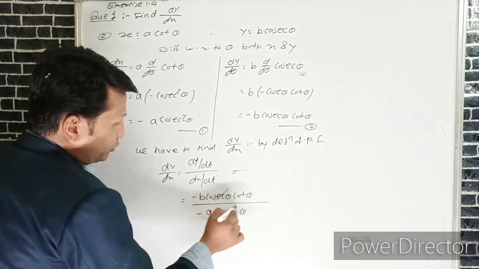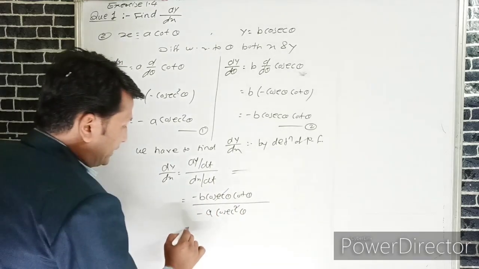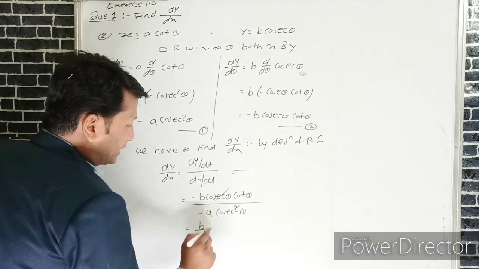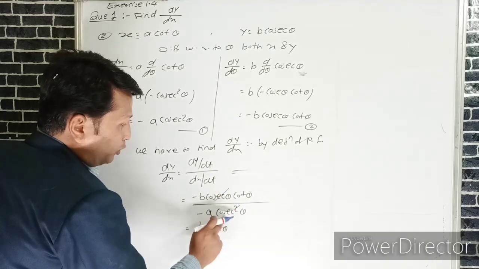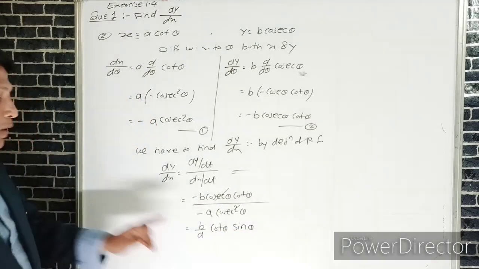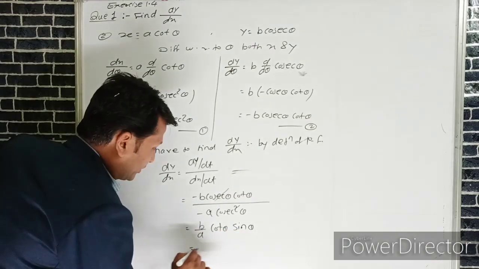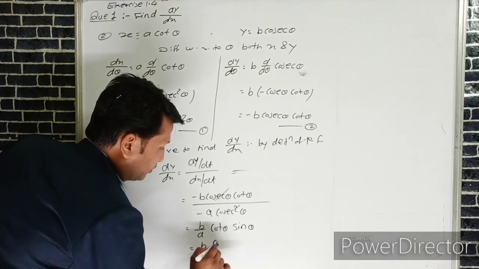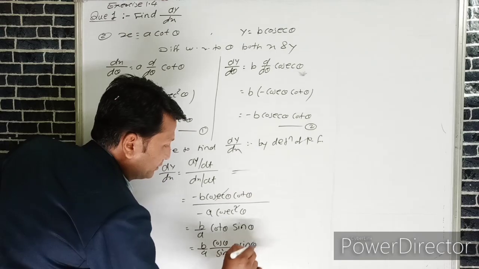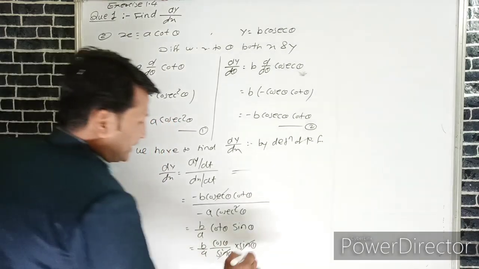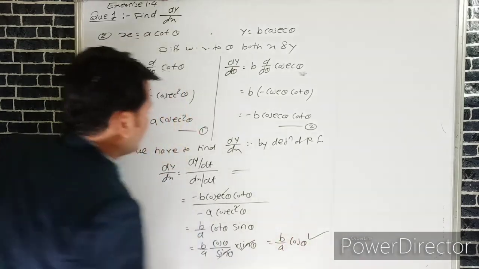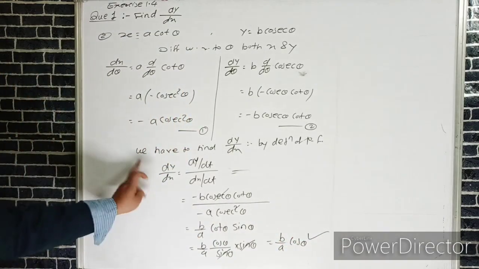Here cosec theta and cosec square theta cancel. We can write minus minus cancel, b upon a cot theta into 1 upon cosec theta, which means sin theta. This cot theta we can write as cos theta upon sin theta, b upon a cos theta upon sin theta into sin theta. If we cancel this sin theta, we get b upon a cos theta, which is the required derivative dy upon dx.